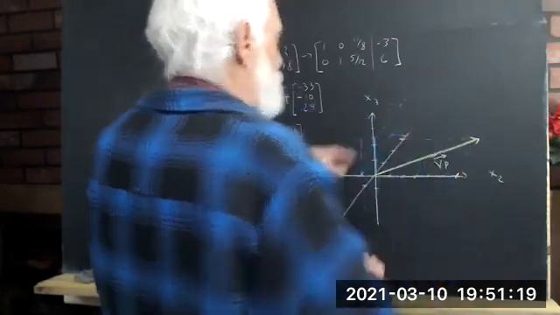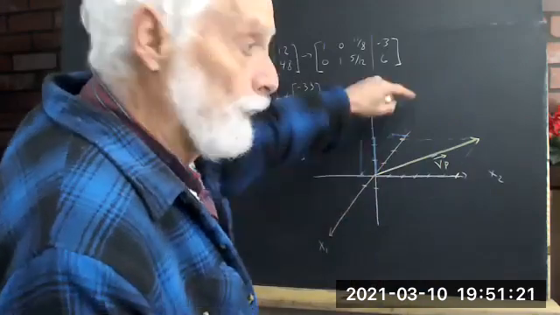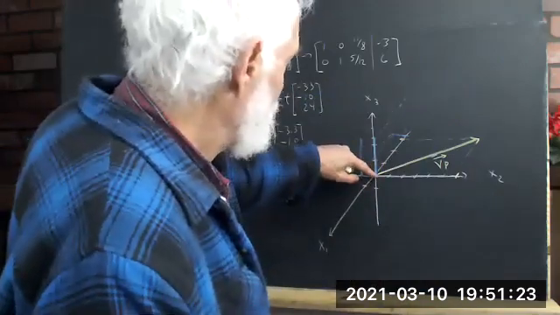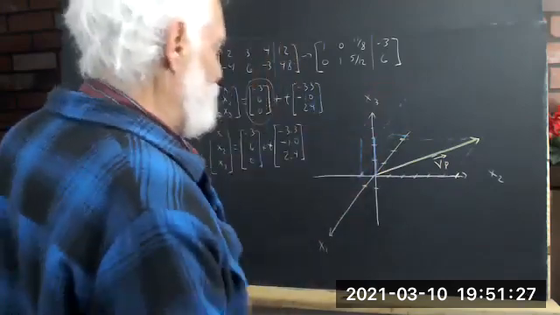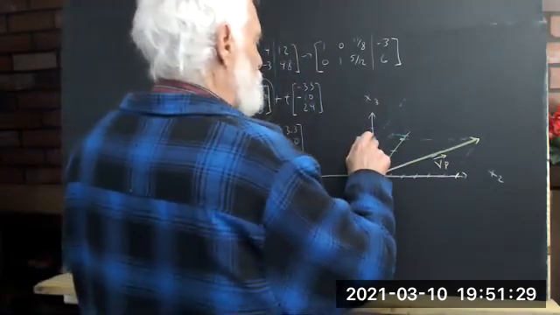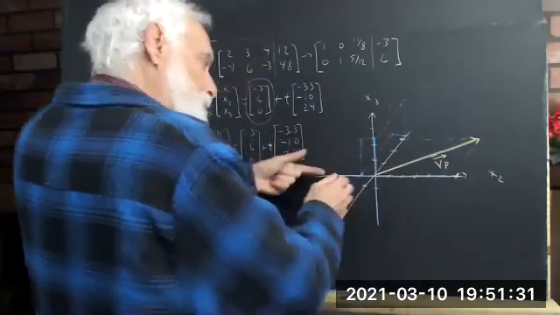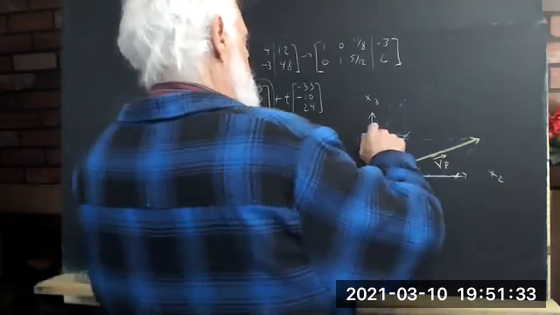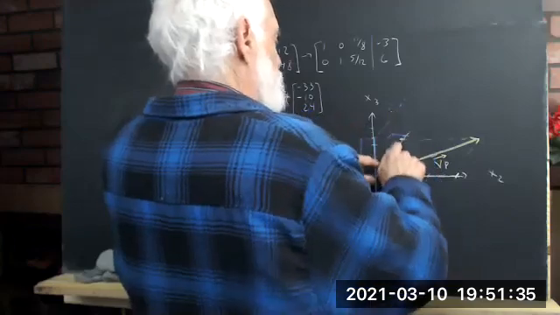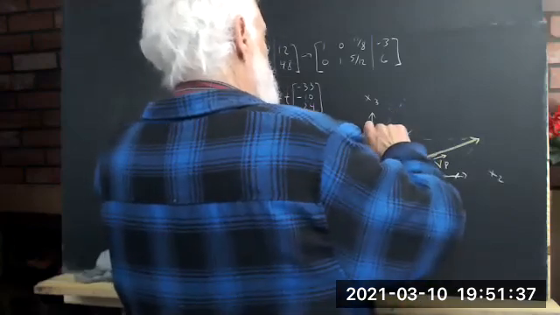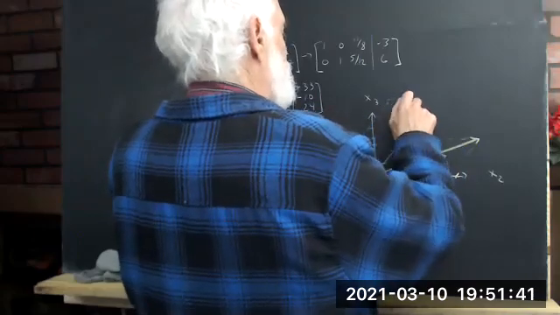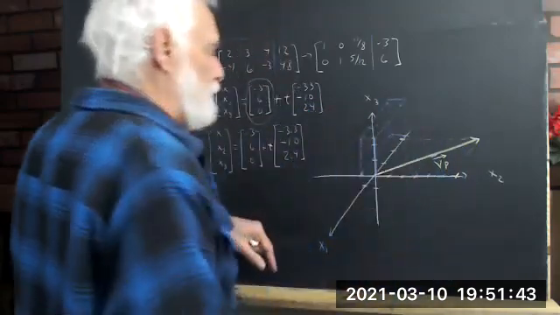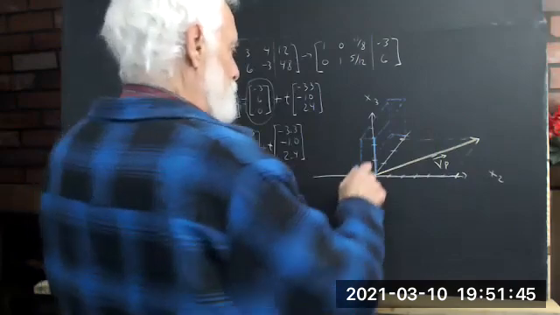The dotted line I draw here has to be parallel to the x1 axis, because this edge of the box is along the x1 axis. This side has to be parallel to the x2 axis. This one also has to be parallel to this one, or this one, or this one, parallel to the x2 axis. So there we have a box.